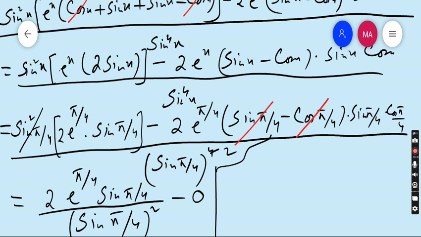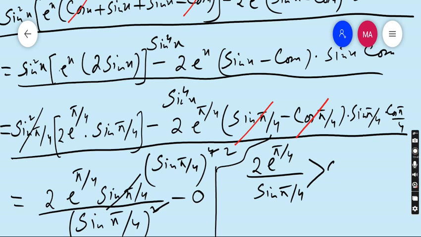What is remaining? This sin pi by 4 cancels by this square, so 2 cos pi by 4 upon sin pi by 4. Obviously this is greater than 0, and you can check this from your calculator.